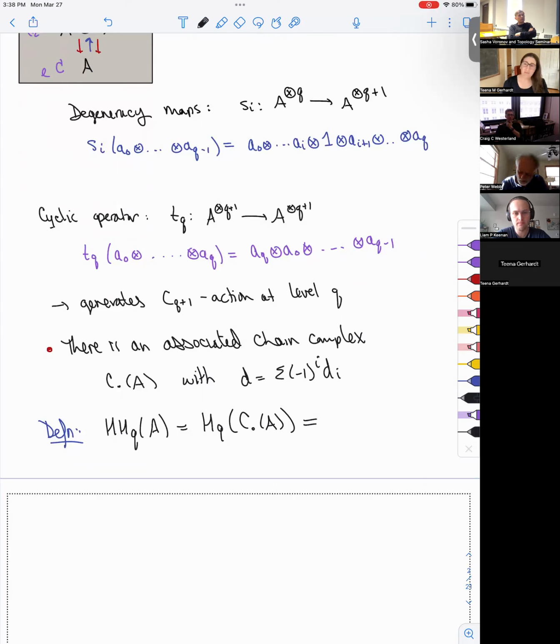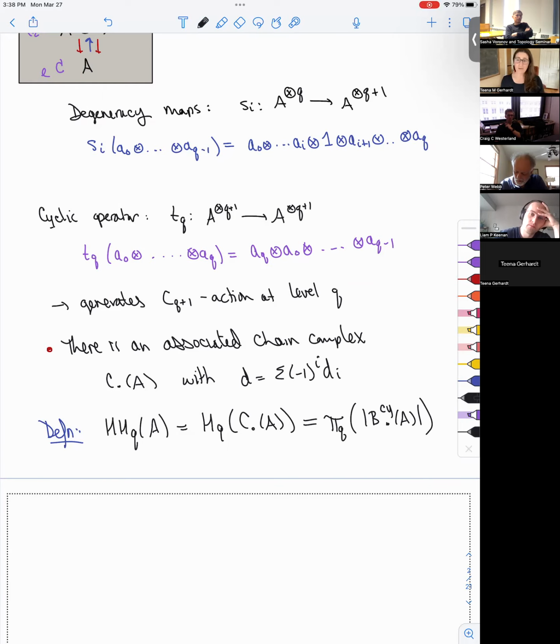The Dold-Kan isomorphism tells us that the homology of that chain complex actually agrees with the homotopy groups of the geometric realization of this simplicial object, the cyclic bar construction. And so that characterization of the definition of Hochschild homology will be more useful when we want to start thinking about topological versions of these invariants.